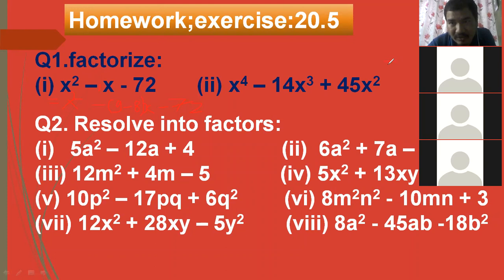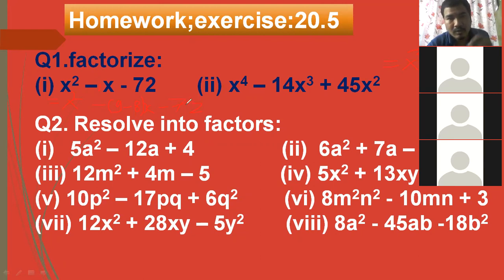When you remove the bracket, look, what will be there? I am writing at the side, look there. X square minus 9x, and not minus 8x, plus 8x. There must be plus 8x. Why plus 8x? Do you know, Prozol?